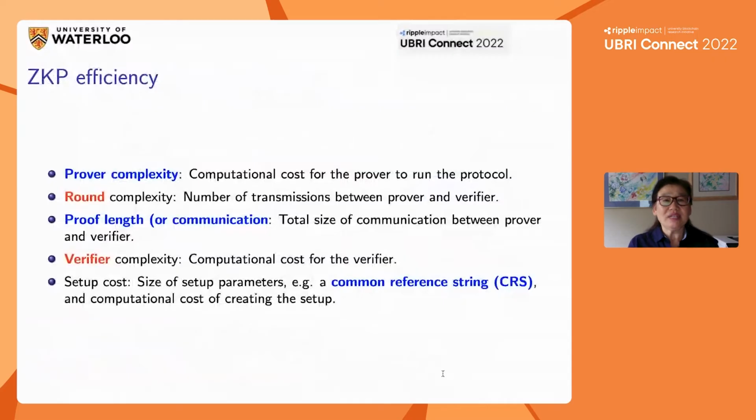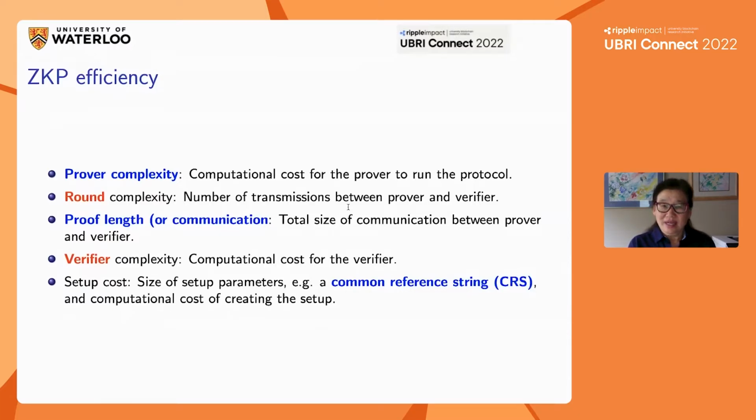In order to design a zero-knowledge proof system for practical applications, we would like to consider different factors. First is prover complexity, the computational cost for the prover to run the protocol. Round complexity means the number of interactions between the prover and the verifier.